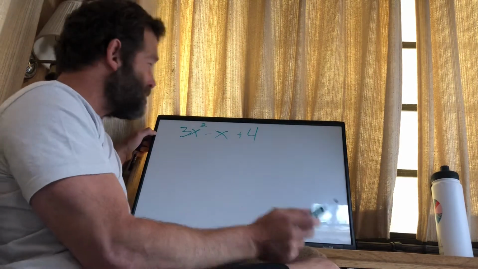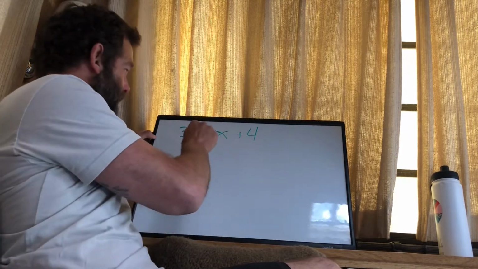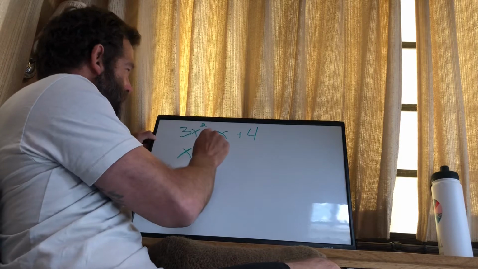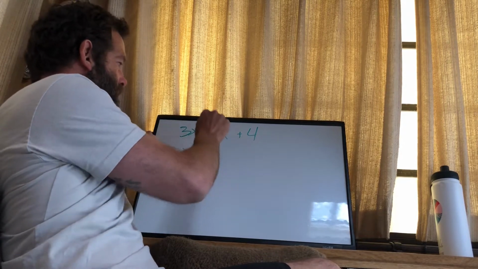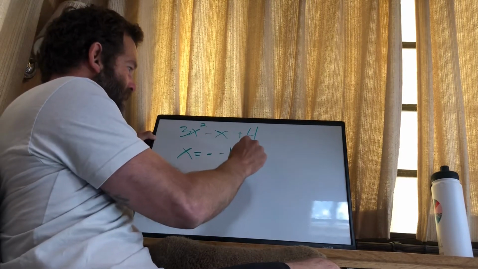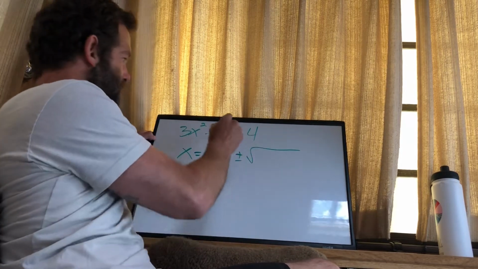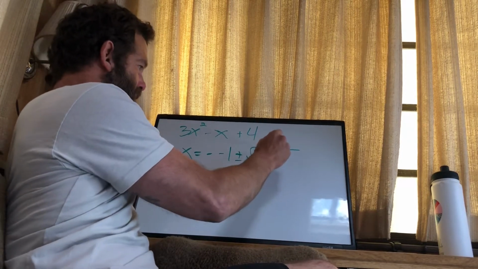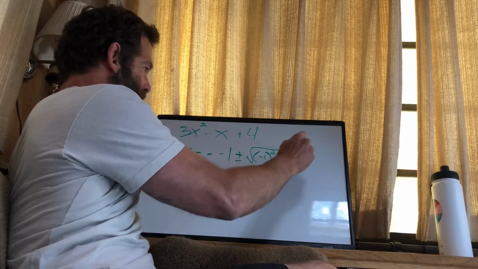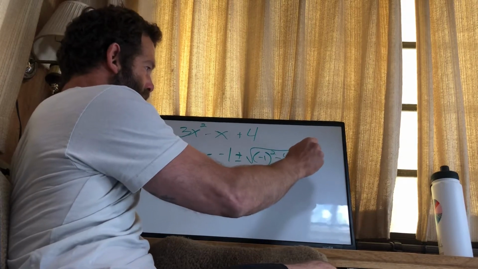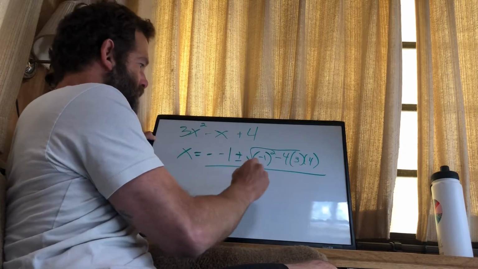When you're using a quadratic equation, all you're doing is x equals negative b, which is a negative 1, plus and minus the square root of, you should remember this, b squared minus 4 times 3 times 4, all divided by 2 times 3.